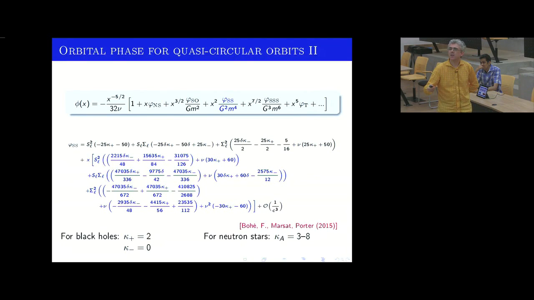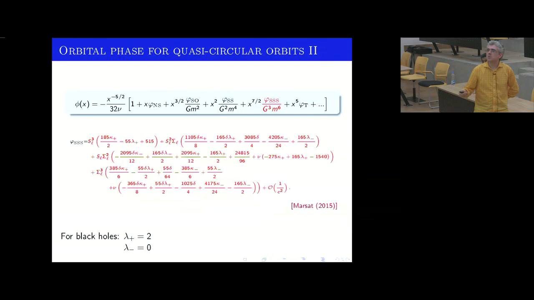The kappa plus and minus are related to the deformability parameters of the Lagrangian I showed before for spinning bodies. And the kappa plus, for instance, is kappa 1 plus kappa 2. And kappa 1 is 1 for black holes. And for neutron stars, those kappa are of the order of 3, between 4 and 8, I think.